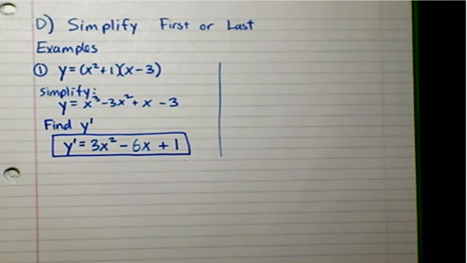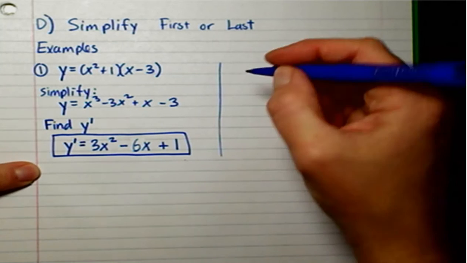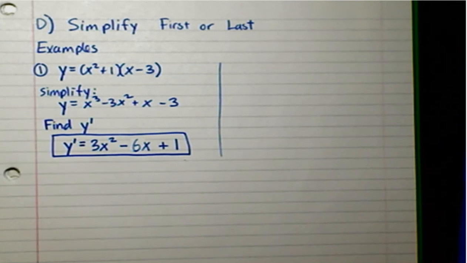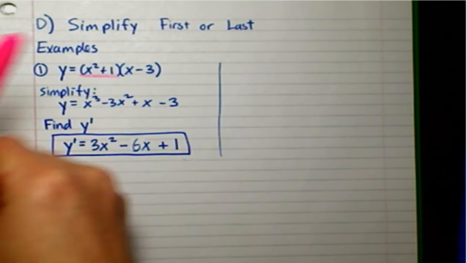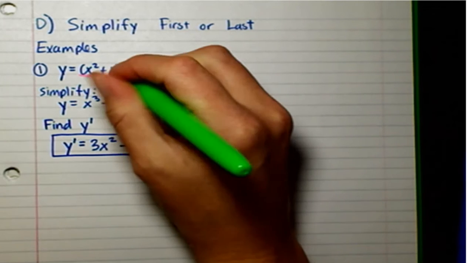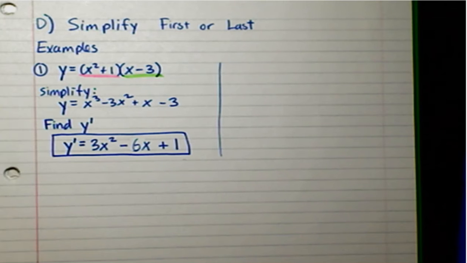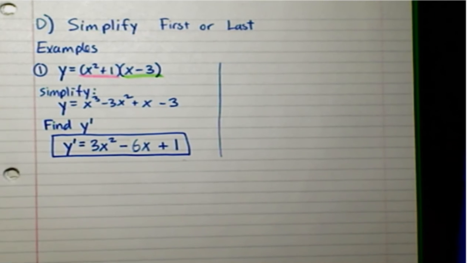Okay, right. So we have two choices. Simplify first or last. This time, because I have two things multiplied together, I can do the product rule. You have to figure out what you can see, right? What rules can you use?